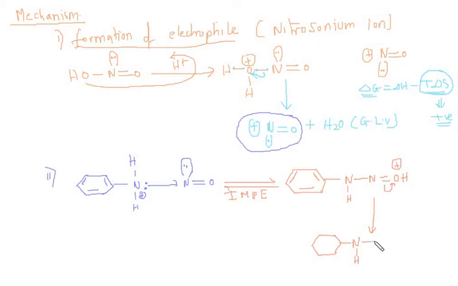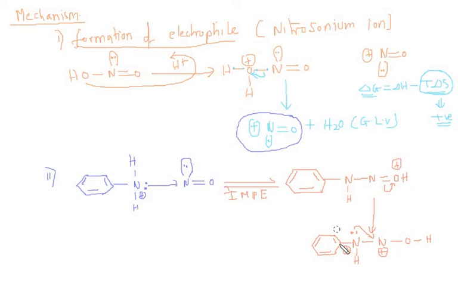NH and positive OH. Nitrogen again has a lone pair, so it donates to the neighboring nitrogen so that it should be stable. And again nitrogen gets a positive charge.